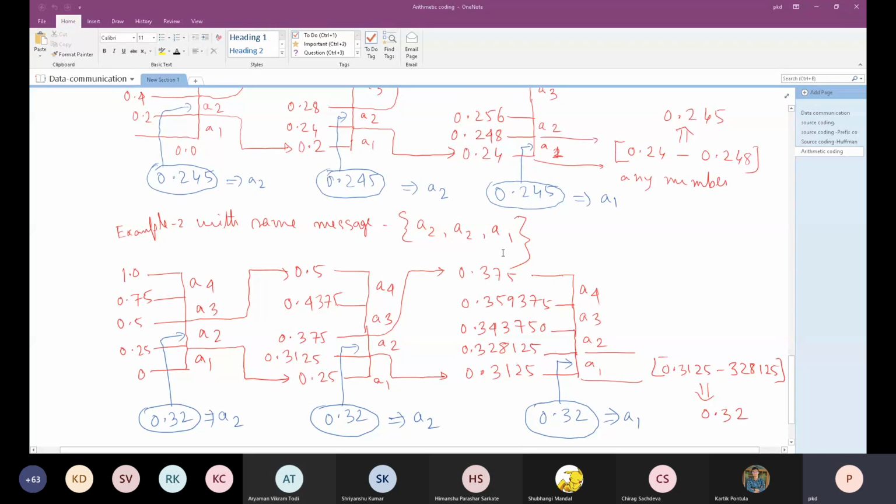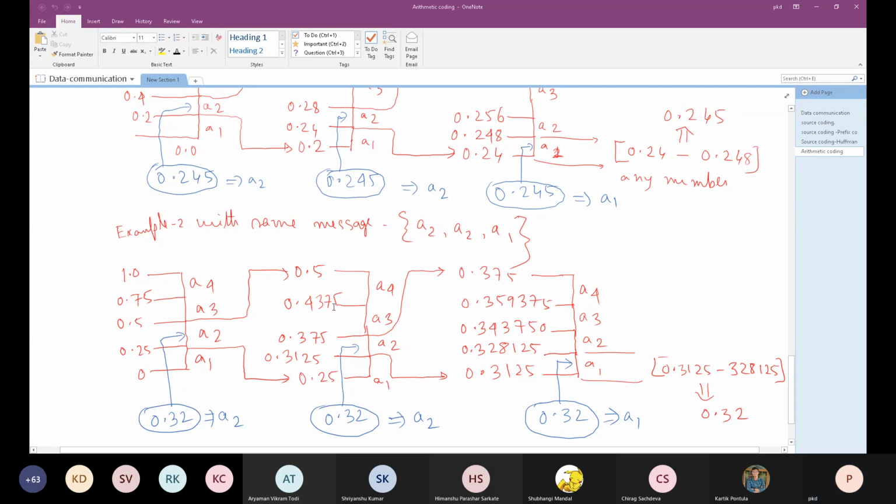For the same message, suppose we take a different equal interval table: 0, 0.25, 0.5, 0.75, 1. Again, here we are expanding the 0.25 to 0.5 interval.